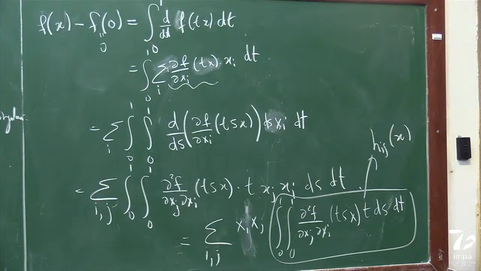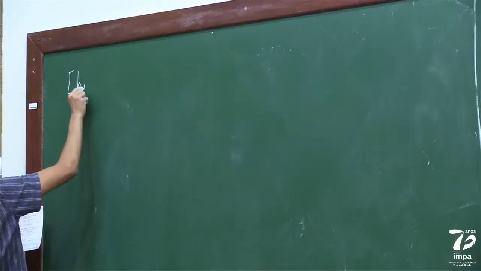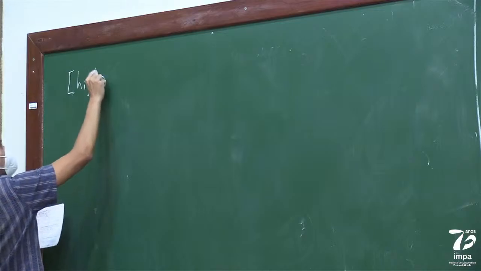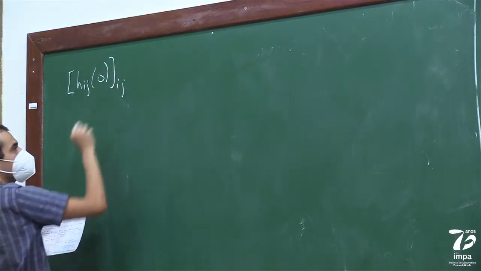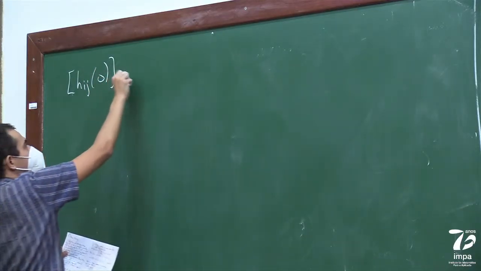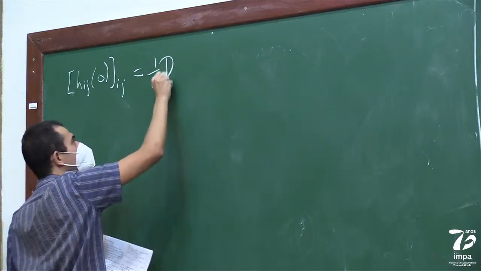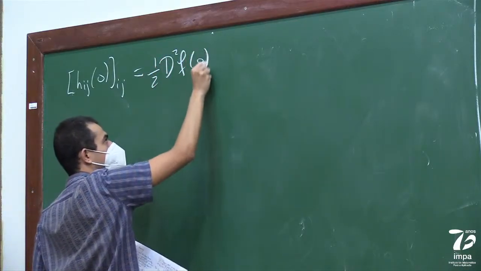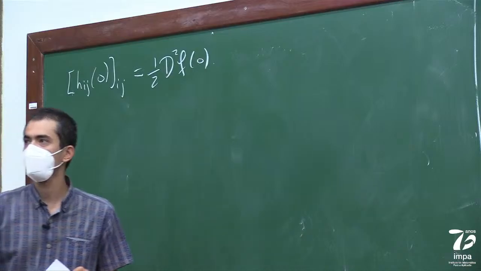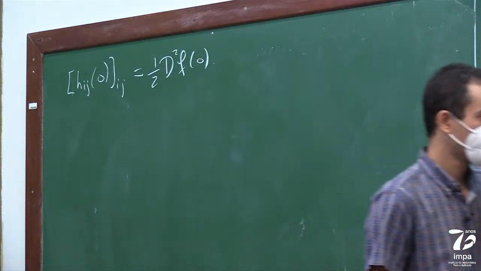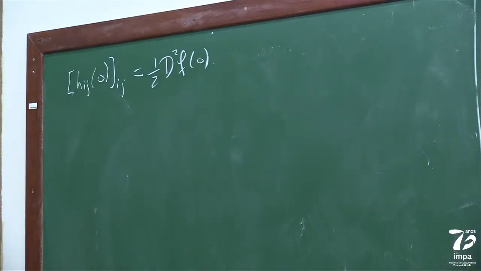And it's kind of clear that if you take the matrix hij of 0, this is going to be exactly 1/2 of the Hessian. Okay? You can do it in two different ways.